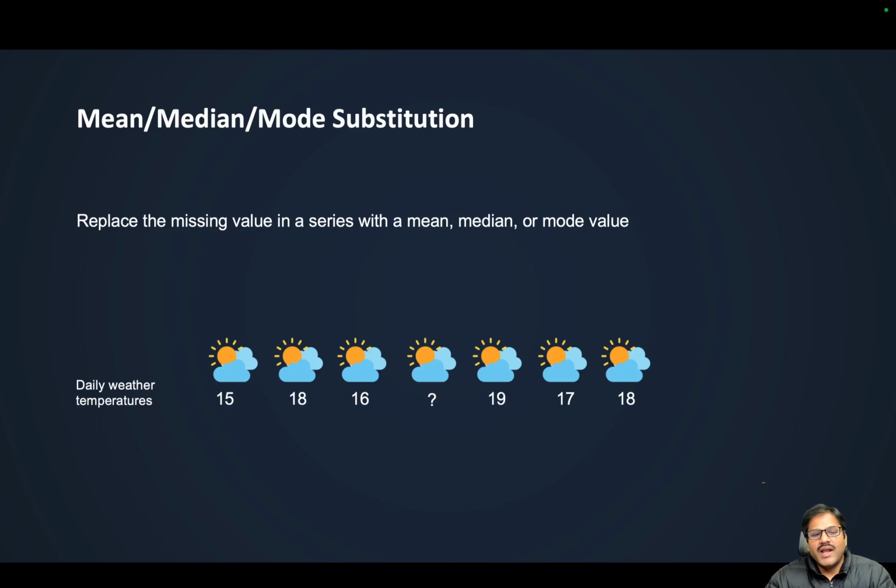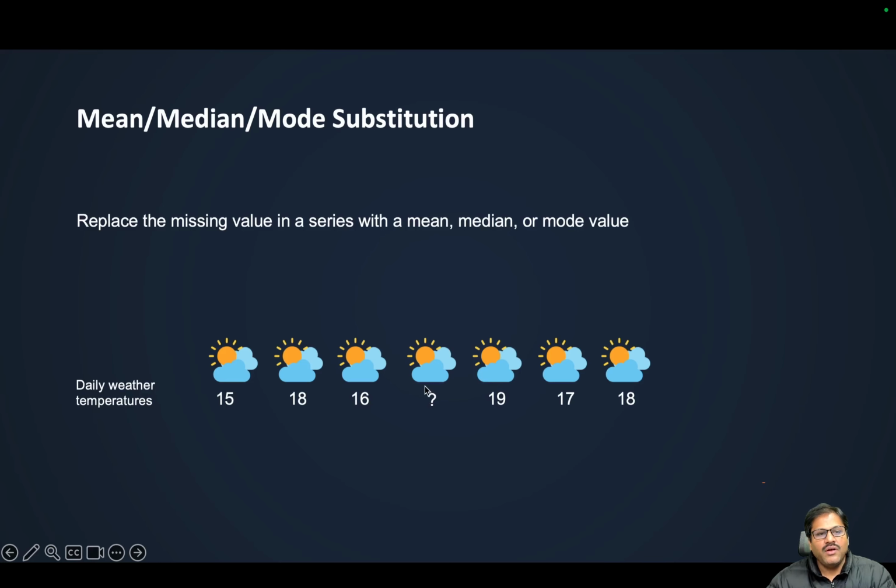Assume we are collecting the daily weather temperatures. These are the day wise temperatures we have recorded. Unfortunately, we were unable to record for a particular day. So we have to predict the missing value here.